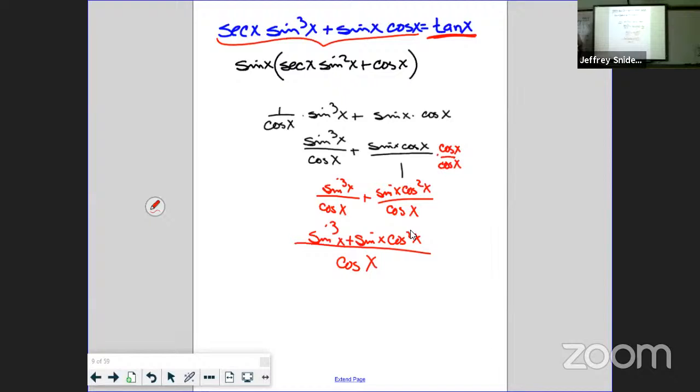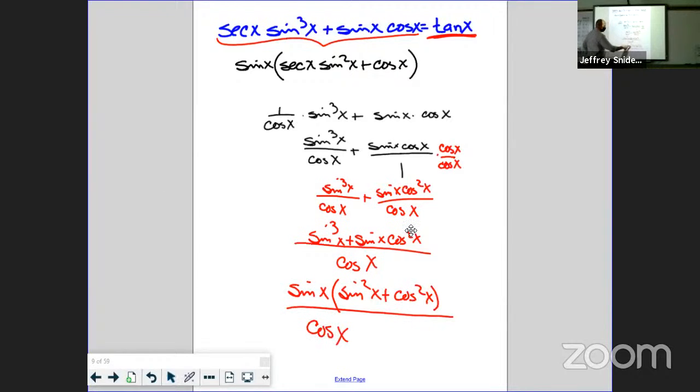What's the greatest common factor in the numerator? Sine x. Check this out. Sine x times sine squared x plus cosine squared x, all over cosine x. Guess what sine squared x plus cosine squared x is? 1.